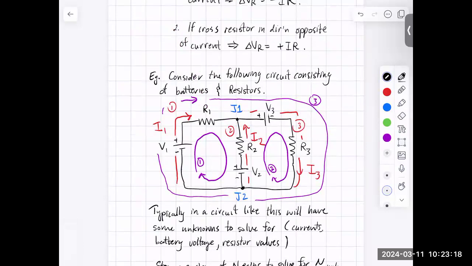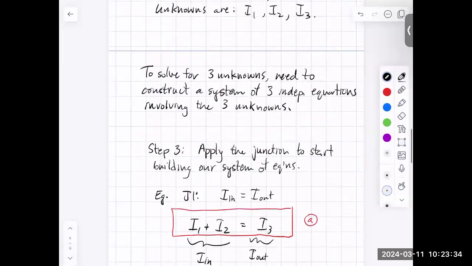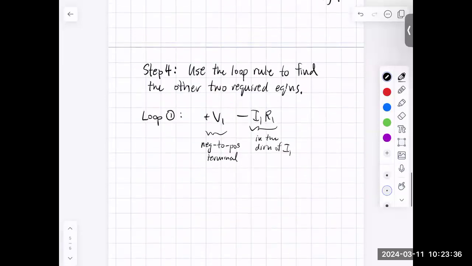And when we go in the opposite direction of current, we should gain the voltage. Then we're going to cross V2 from the positive to the negative terminal. So we're going to go from high to low potential, losing a voltage of minus V2. So, to finish our loop, we would go plus I2 R2.